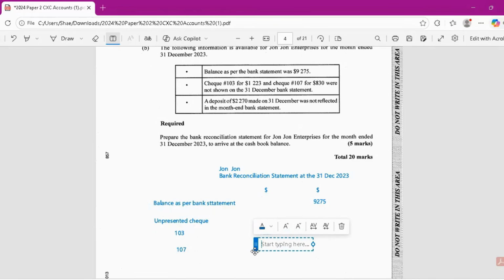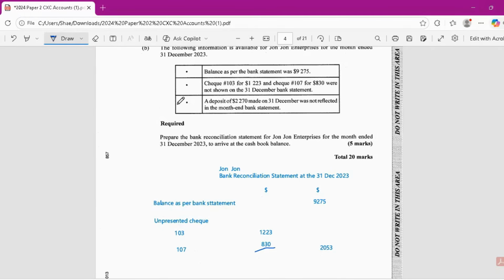So it's 830. So we have to remove those amounts. You have to remove those amounts. So when you total this, you're going to get $2,053. So please draw a line under anything that you're totaling.